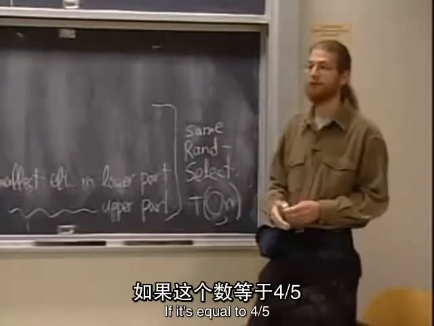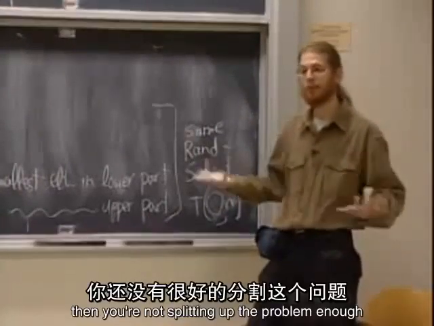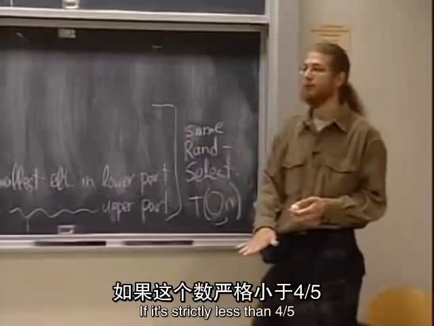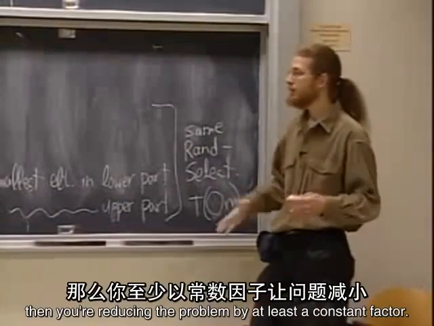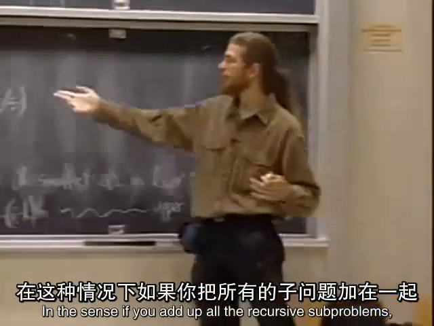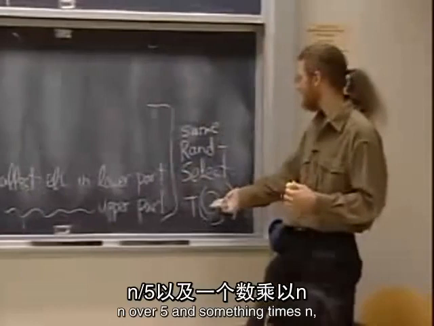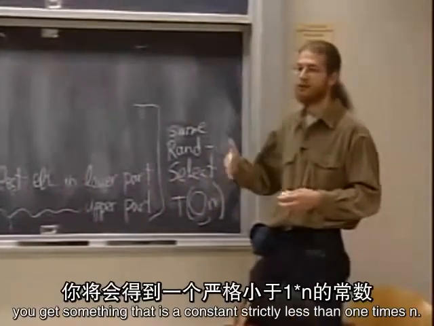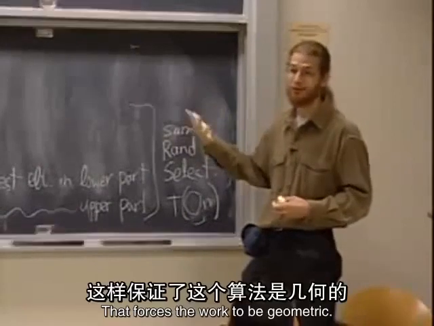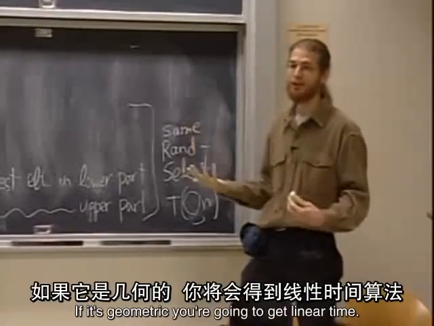If it's equal to 4/5, then you're not splitting up the problem enough, you get an n log n running time. If it's strictly less than 4/5, then you're reducing the problem by at least a constant factor. In the sense that if you add up all the recursive subproblems, n over 5 and something times n, you get a constant strictly less than 1 times n. That forces the work to be geometric. If it's geometric, you're going to get linear time.